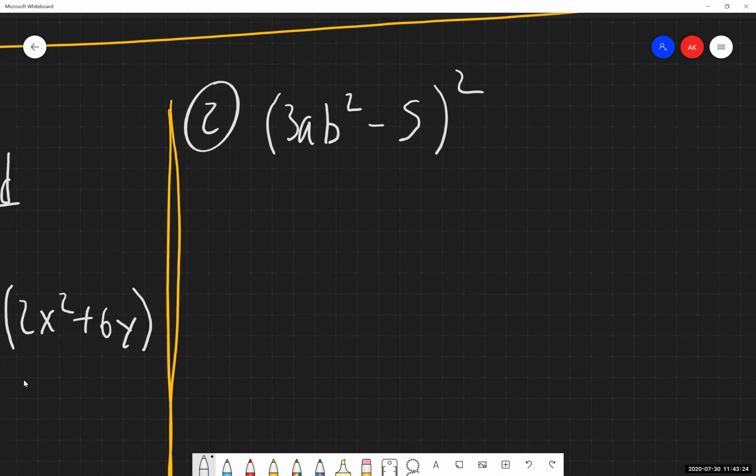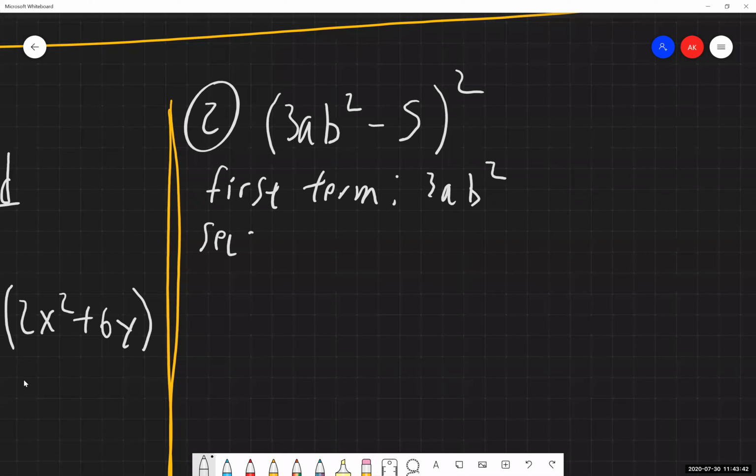So instead of a and b, so we don't get the variables crossed over, you could say, what is the first term in this binomial? Well, it's going to be that 3ab squared. So the second term is going to be 5.